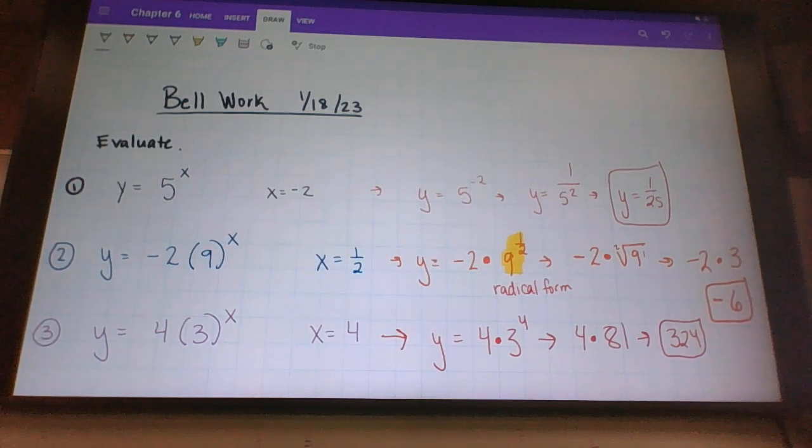Alright guys, before we check yesterday's assignment, I want you to take some notes on chapter 6.3. So directly under your bell work, you're taking these notes. Exponential functions are nonlinear. They make a curve.